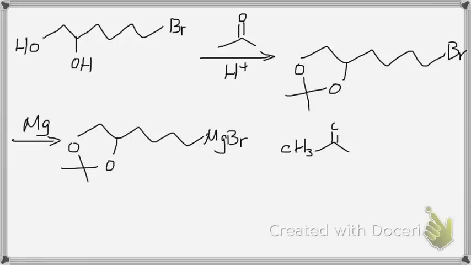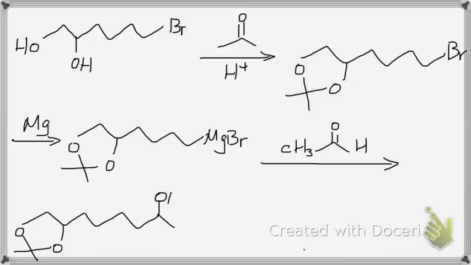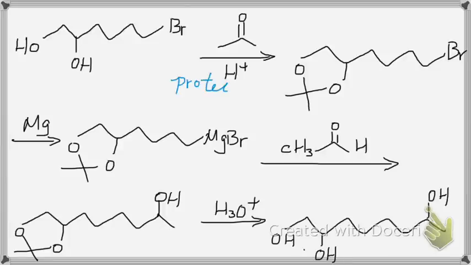Then we can convert the halide to Grignard reagent. React the Grignard reagent with the aldehyde to make our new carbon-carbon bond. Then after the reaction, we can hydrolyze the acetal or ketal back to two OH groups.